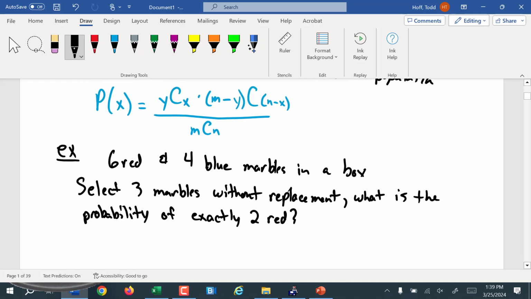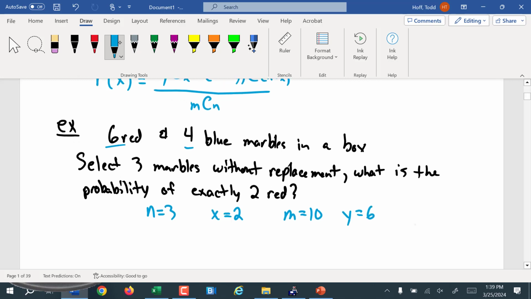So N equals 3 because we're choosing 3 marbles. X equals 2 because we want 2 of them to be red. M equals 10 because there's 10 total marbles in the box. 6 plus 4 is 10. And Y equals 6 because there are 6 red marbles total.